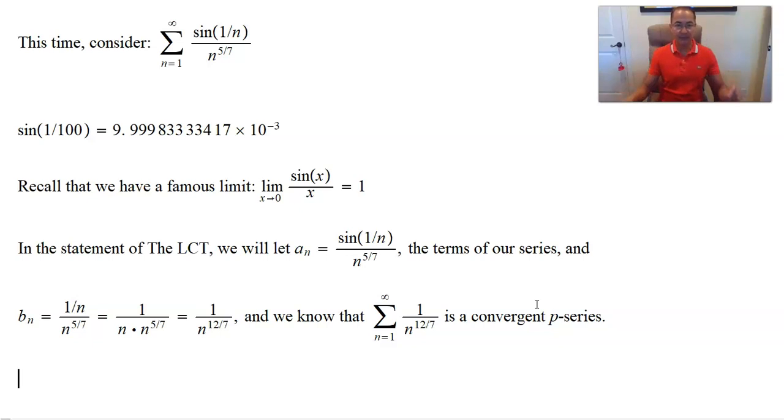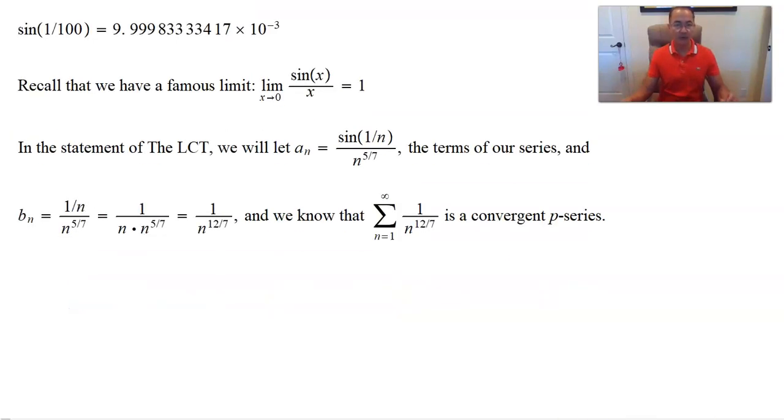But we're not yet done, because we want to make sure that the limit of an over bn must be a positive number. We could also use 0 and infinity, but in this case, because of the way we chose what second sequence to compare to, we're going to get a nice limit. So now we must check.